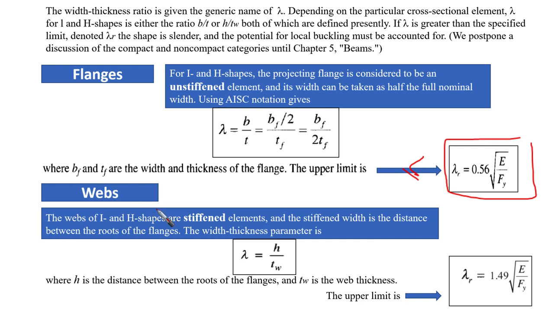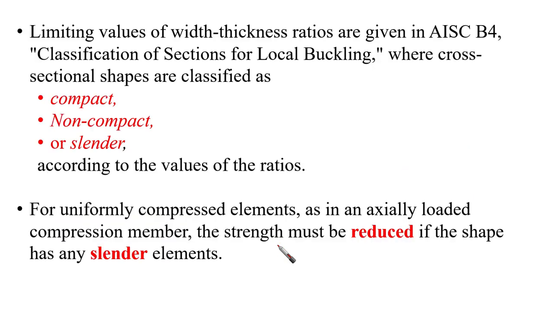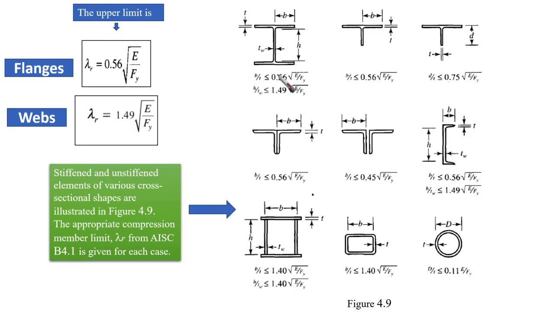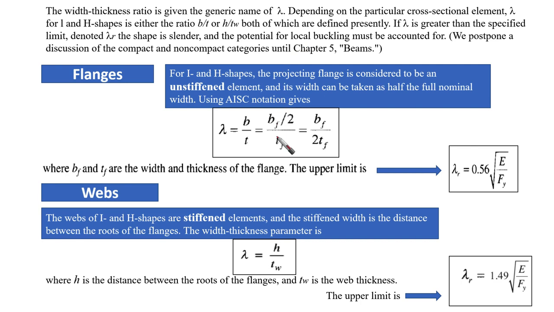And for the web, also lambda, which is H of the web over T web, should be less than or equal to a certain limit. H of the web is going to be measured from this point here and here. This is the H of the web. It's not the total height of the section. I'm going to give a definition for it.